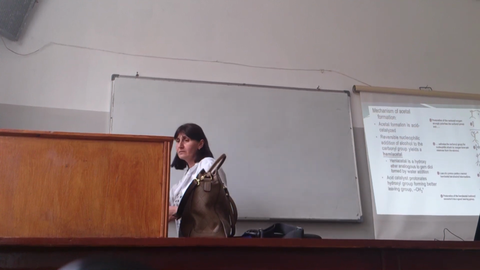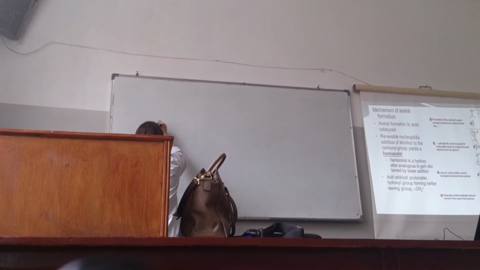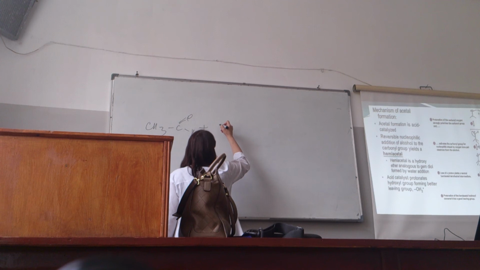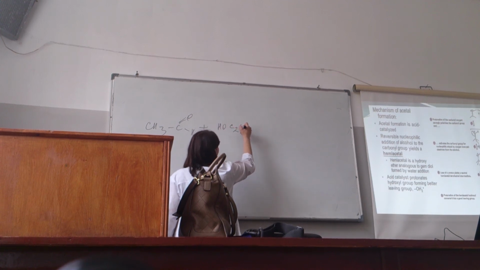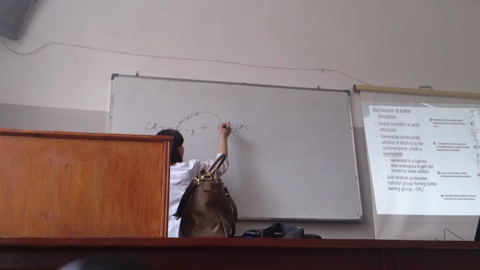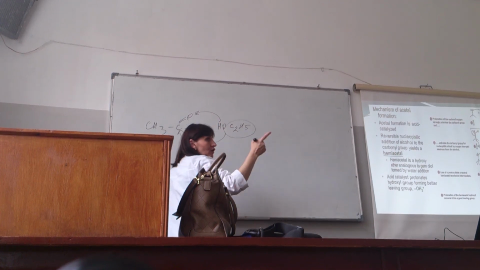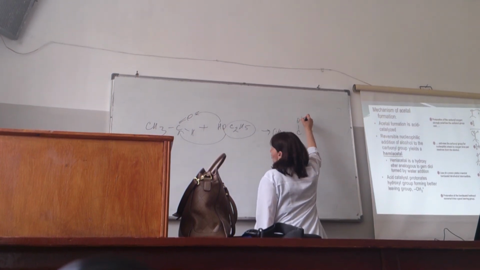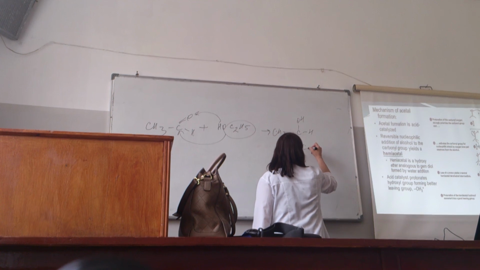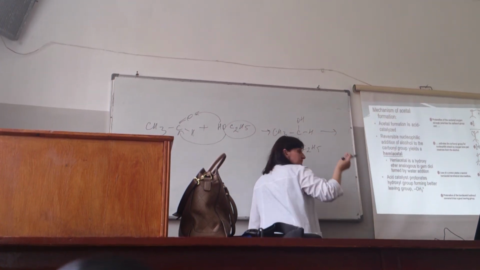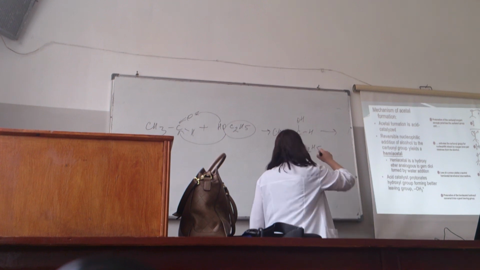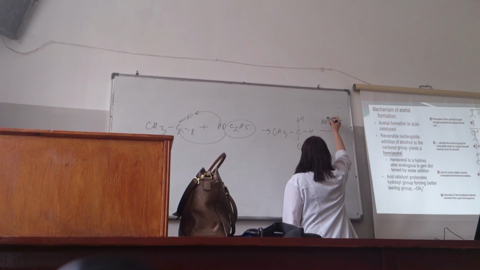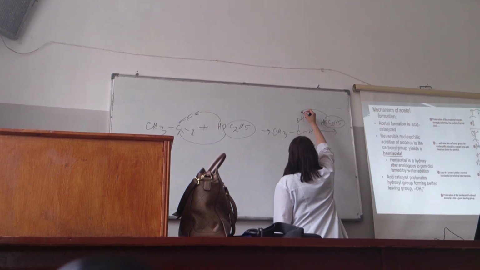Now look, if you have CH3, C double bond O, H, plus HO, C2H5, for example. So H goes here, OC2H5 goes here. First of all, you get hemiacetal, yeah? CH3, C, OH, OC2H5. But if you use a second molecule of alcohol, HO, C2H5, this part goes here, yeah.